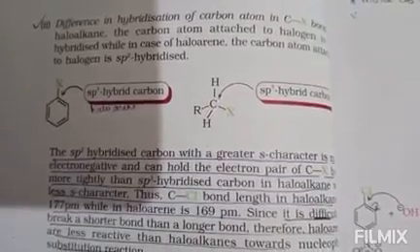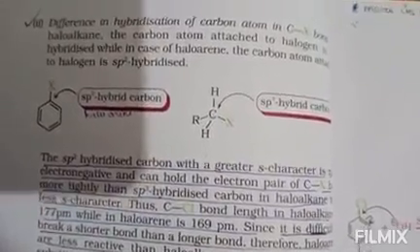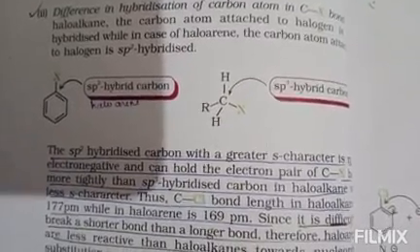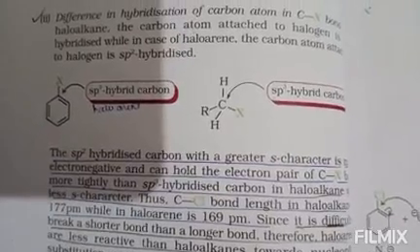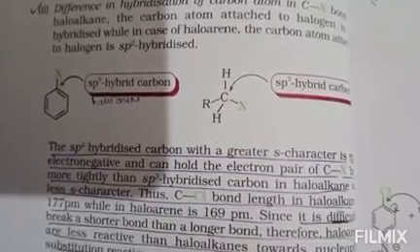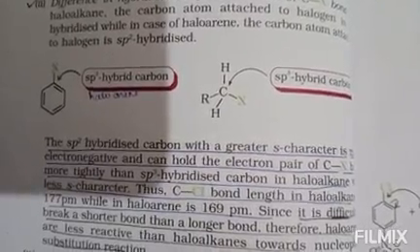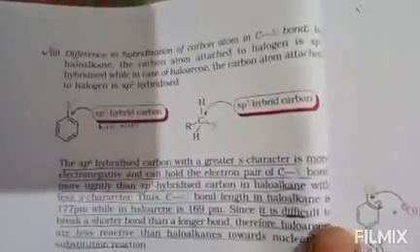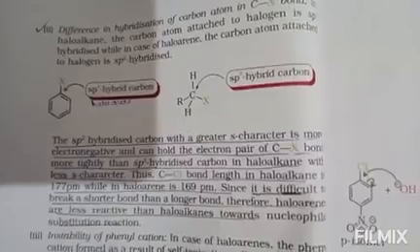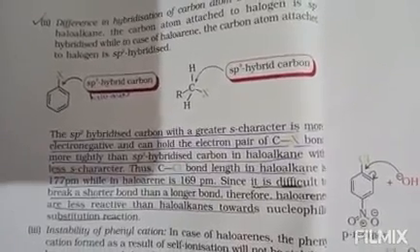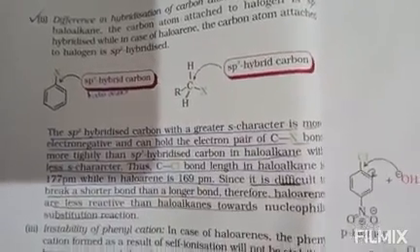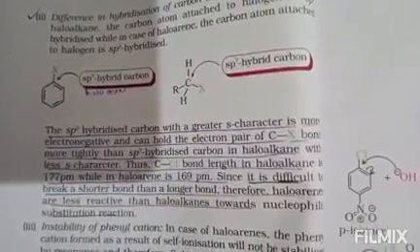In haloalkanes, it is sp3 hybridized, whereas in aryl halides, it is sp2 hybridized. Carbon with sp2 hybridization has greater s character and is more electronegative, so it can hold the electron pair of the C-X bond more tightly than the sp3 hybridized carbon atom in haloalkane, as sp3 will have less s character.